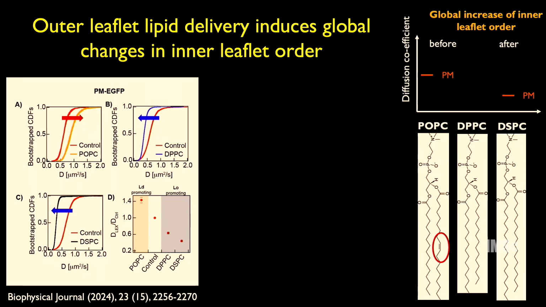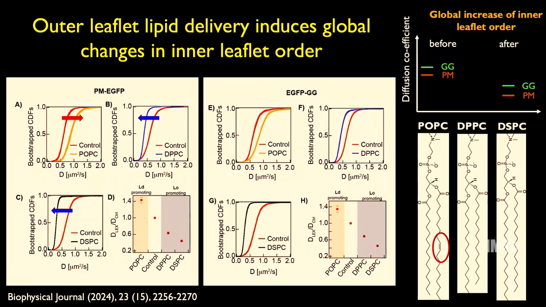So I cannot perturb the inner leaflet lipid. I have to keep that intact. All I am doing is something in the outer leaflet so that I can induce order or disorder in the inner leaflet and test whether it matters. So this is what we do for PM, and similarly when we look at GG, we do the same thing. So there is a global change, unlike the last one where we saw that somewhere it is ordering, somewhere it is more disordering.